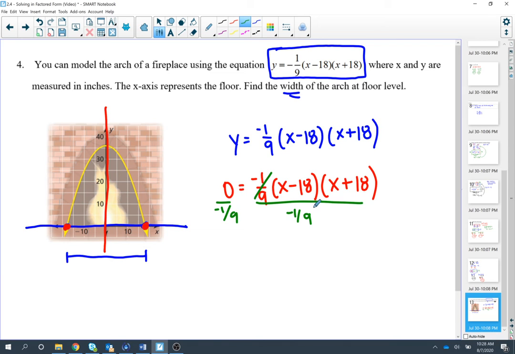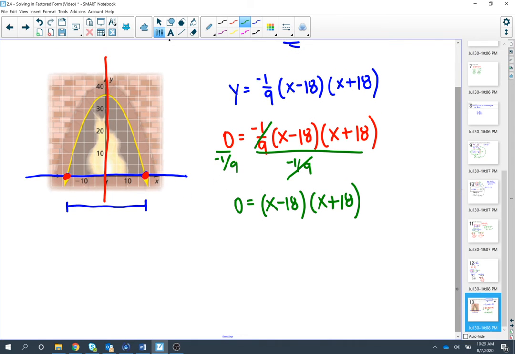Because then it's just going to cancel off to 1, which means 0 divided by -1/9 is still 0. I'm going to be left with (x minus 18) times (x plus 18). And then I have a nice polynomial in factored form, so I'm going to use my zero product property.